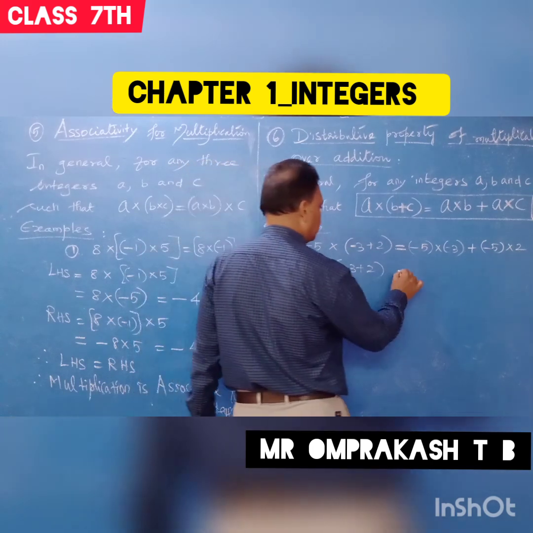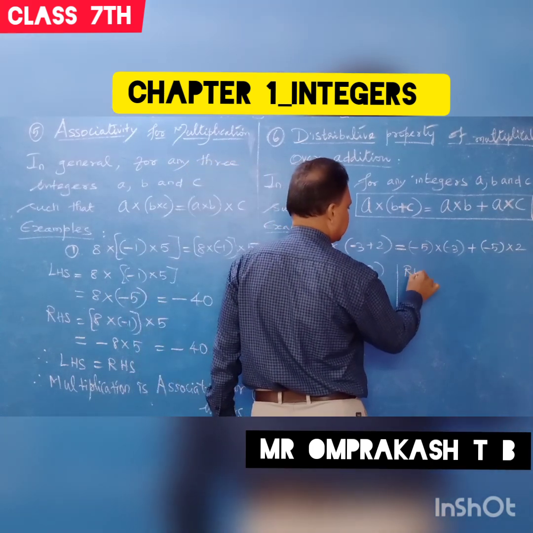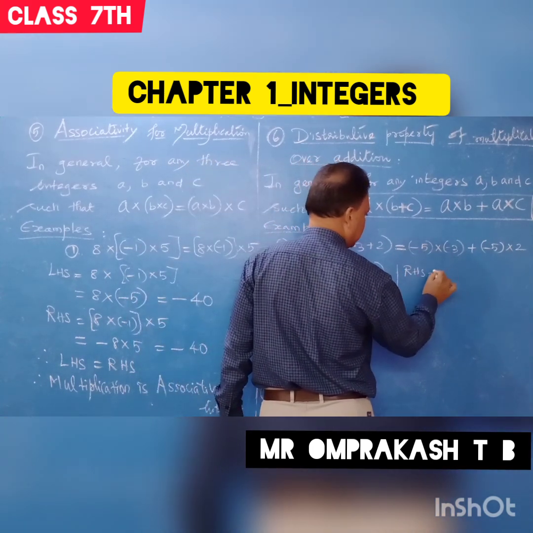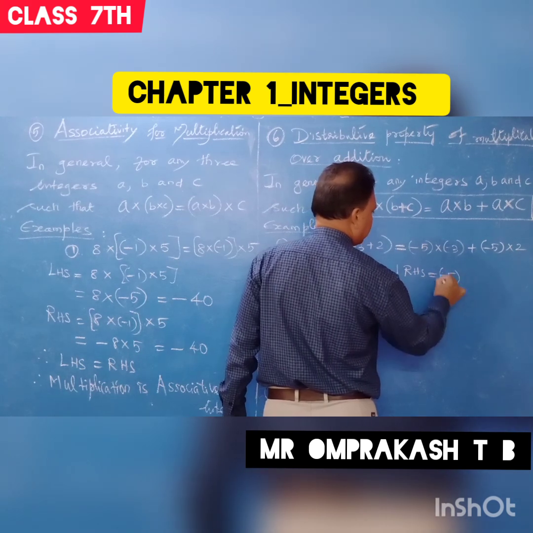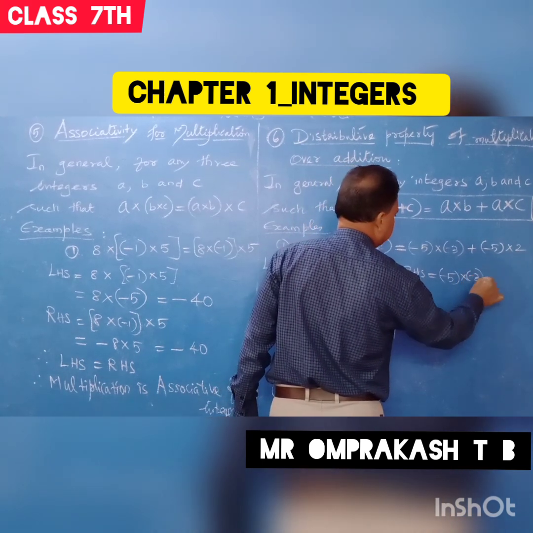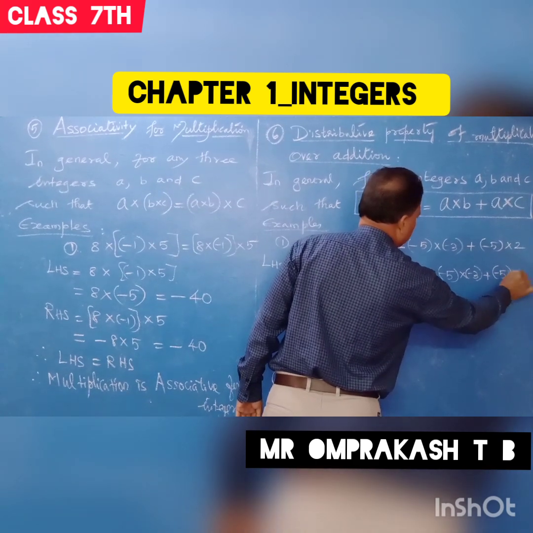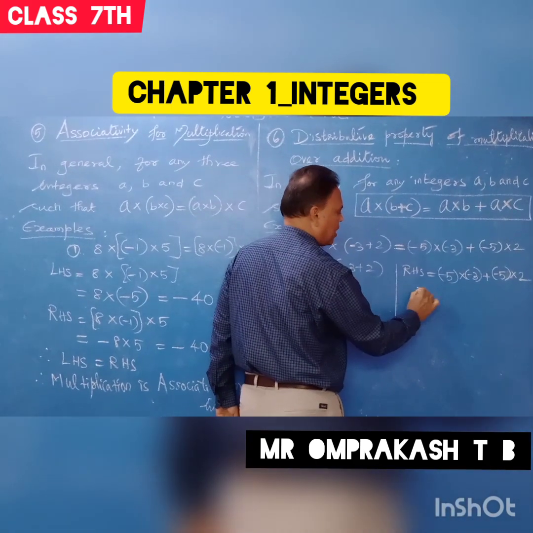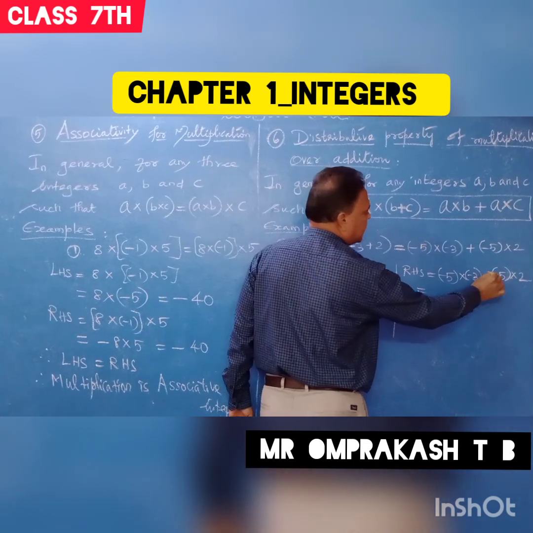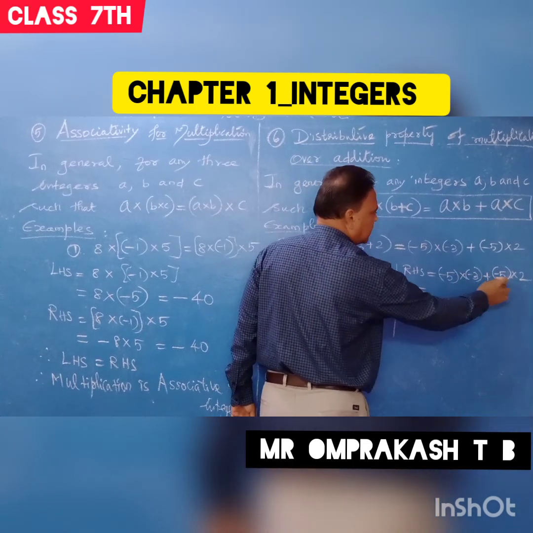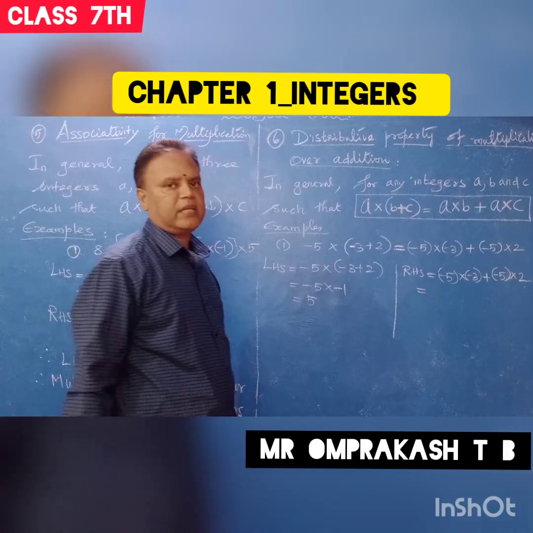In the same way, do the right hand side. What is there on the right hand side? Write it as it is: minus 5 into minus 3 plus minus 5 into 2. Correct. Now you see, multiply these two first. This is one term, this is another term, and the center is plus.